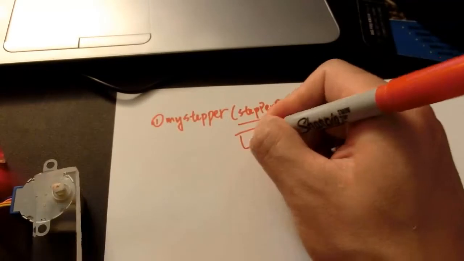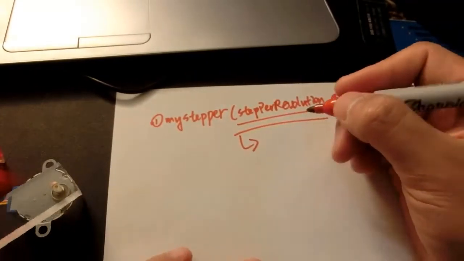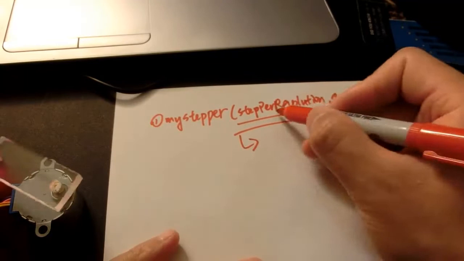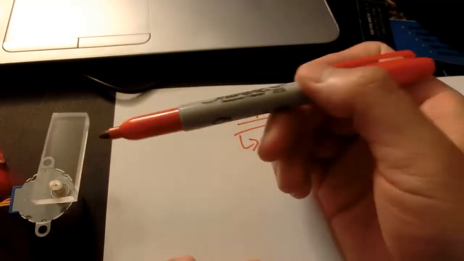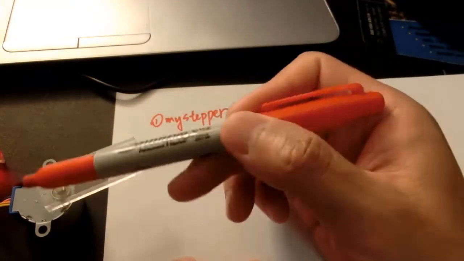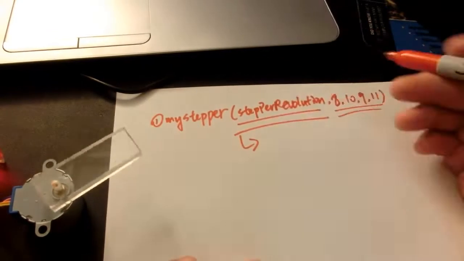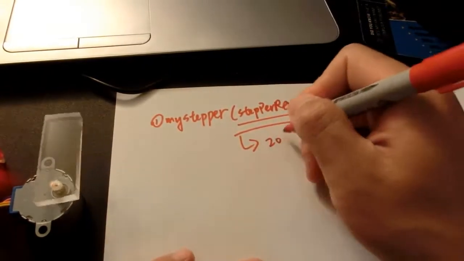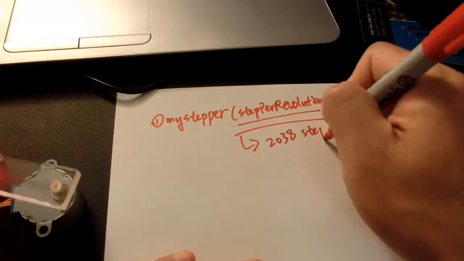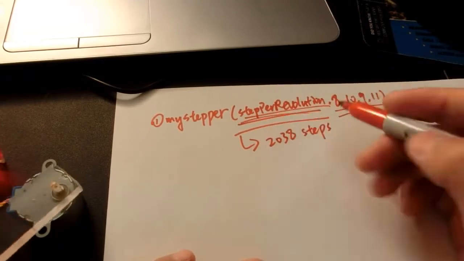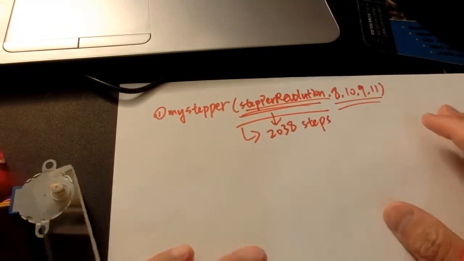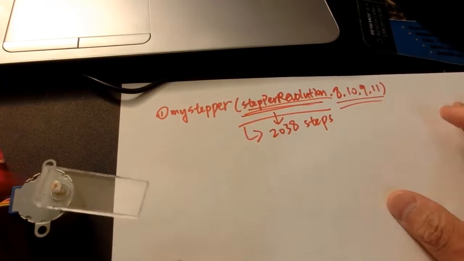If you look at the data sheet or search online, you can find out the steps per revolution, which means for this step motor to rotate for one circle, one round, it has 2038 steps. So you have to set up this parameter to be exactly this number of steps. That's the first thing you need to do.